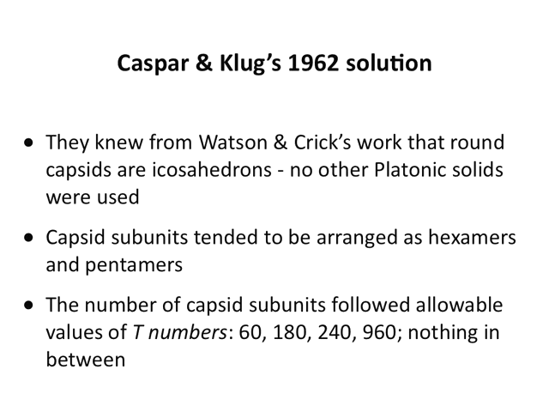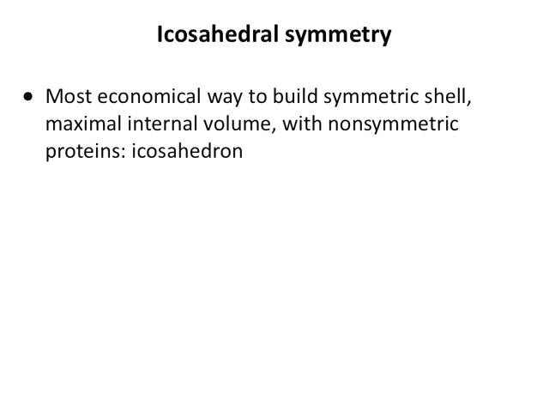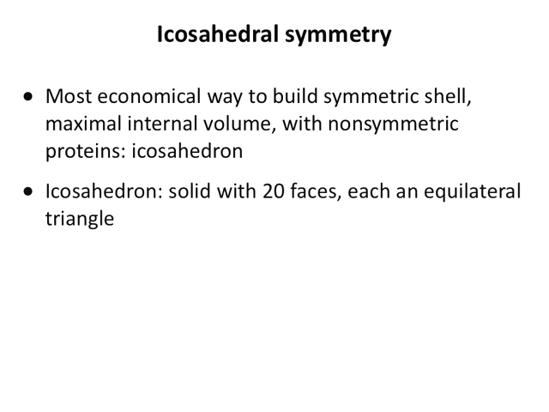Those were the facts they started with, and they said icosahedral symmetry turns out to be the most economical way to build a symmetric shell with maximum internal volume using non-symmetric proteins. Of all the platonic solids, this is the best one that fits the bill: a symmetric shell, maximal internal volume, because you want to put a genome in there, and using proteins that are not spheres, but asymmetrical. That's the icosahedron.